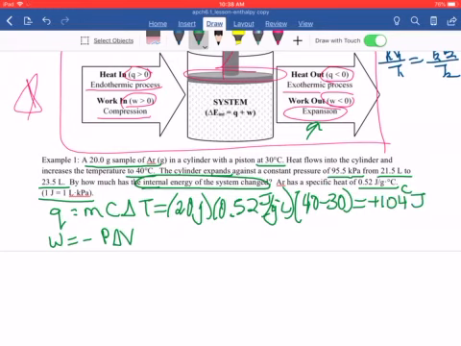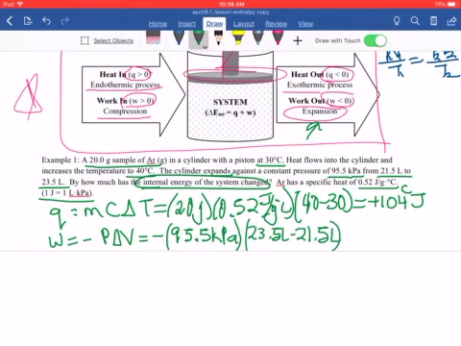And then for work, we have negative P, which was 95.5 kilopascals, times our change in volume, which was 23.5 liters minus the initial, 21.5 liters. And when we subtract and multiply all of that out, we end up with negative 191 joules.